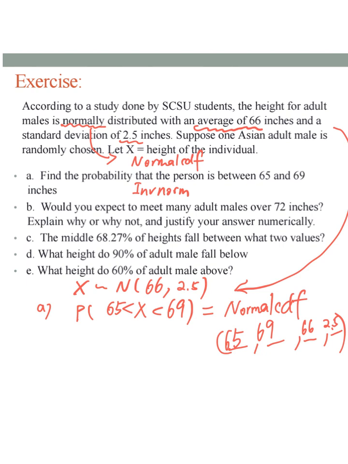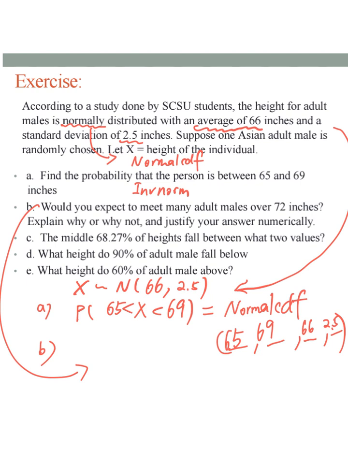Okay, and for part B, would you expect to meet many adult males over 72 inches? This question is about, do you think you will? I can read this question like, do you have a high chance to meet an adult over 72 inches or not?